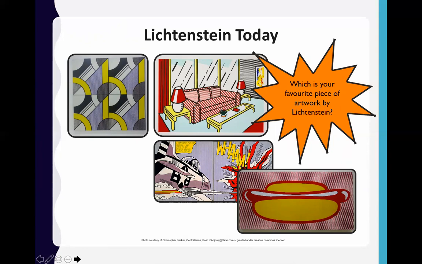It doesn't have to be one of the four on this page. It could be one of the ones that I've shown on previous slides. So don't forget, we've got the car, the mirror. Let me know which one is your favourite, write it down and upload it onto Seesaw, please.